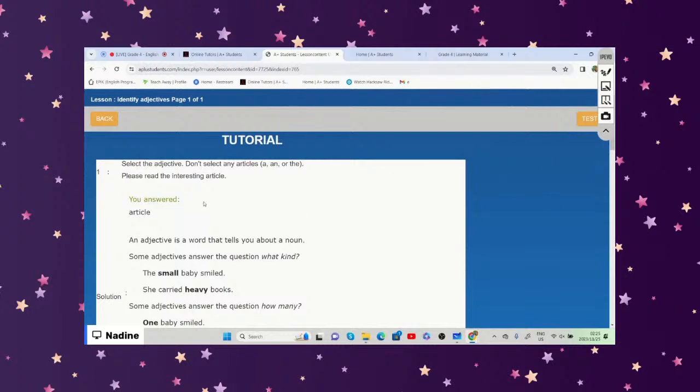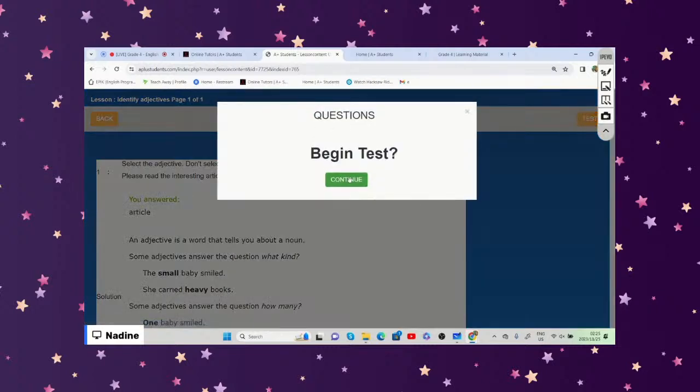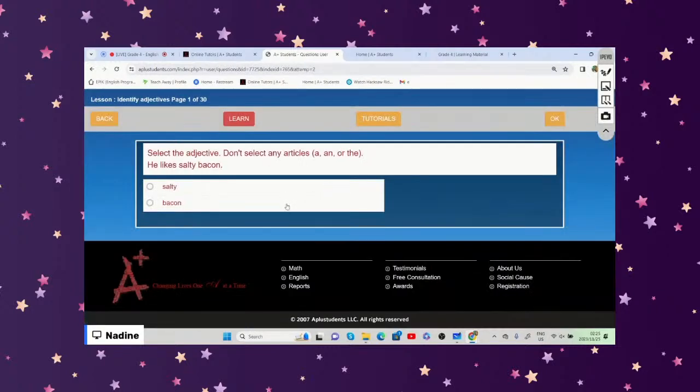All right. So let's go to our test, where we are going to identify adjectives within our test. So we need to select the adjective. Remember, do not select any articles such as a, an, or the. Those are articles, right? And an article is not an adjective.